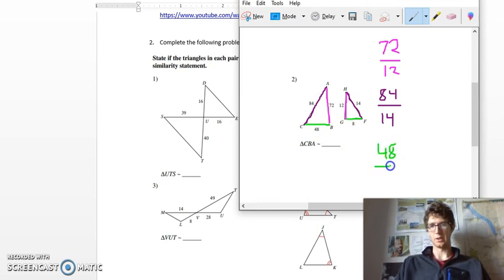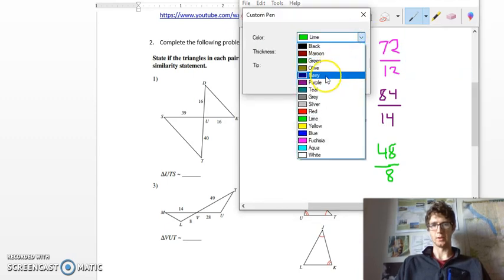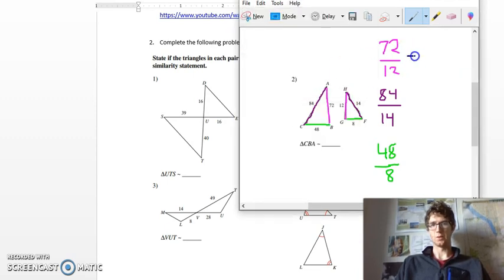So we should get the same thing for all of these. Let's see if that's indeed true. So 72 divided by 12. What goes into both 72 and 12? I think a factor of 12 will go into both of them.